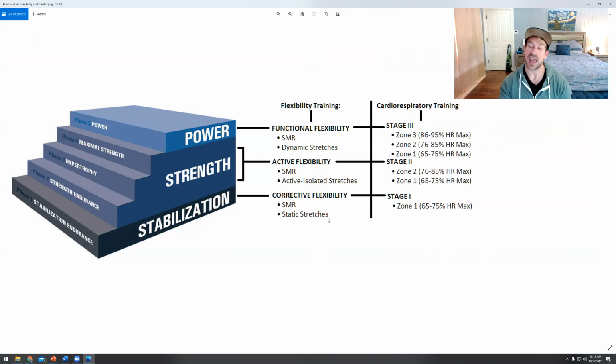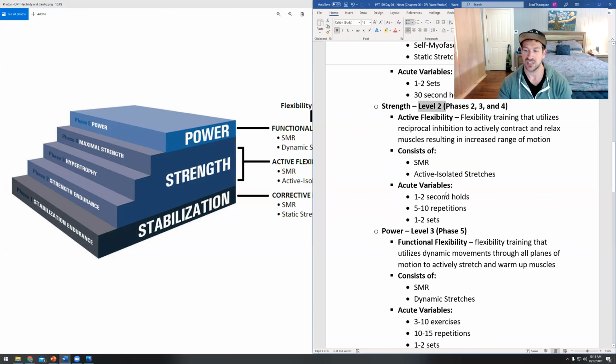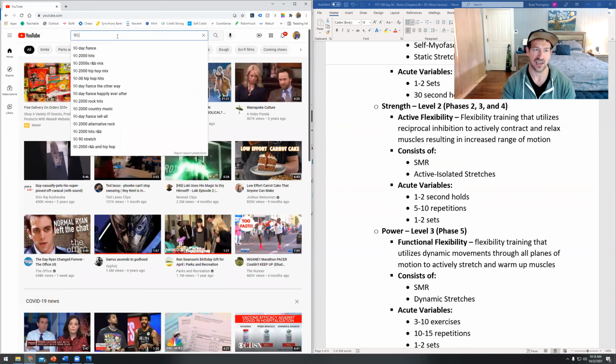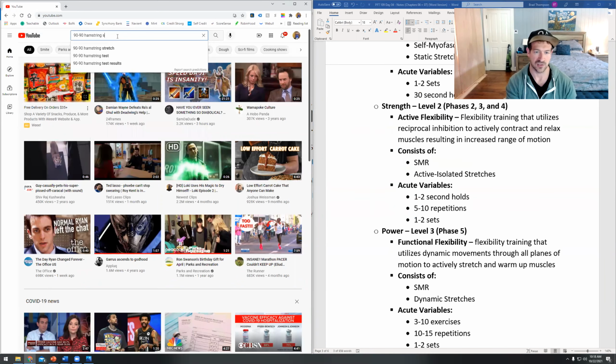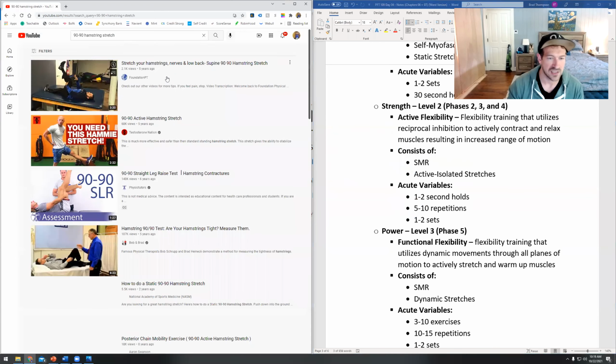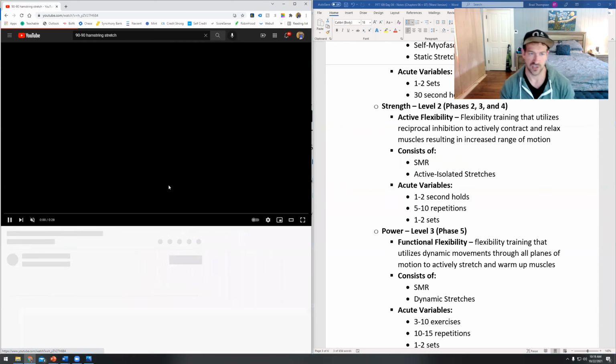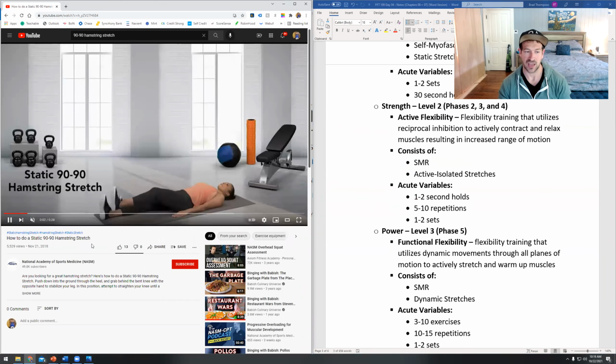So instead, we have active flexibility. Now, active flexibility is where you're going to hold your stretches for about 1 to 2 seconds per rep, and you're going to do about 5 to 10 repetitions. So if we go to NASM's YouTube channel here, and I look up 90-90 hamstring stretch, we can see the static version, which is exactly what you think of when you think of a hamstring stretch, right?